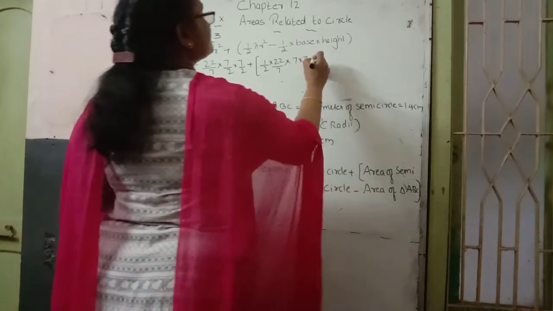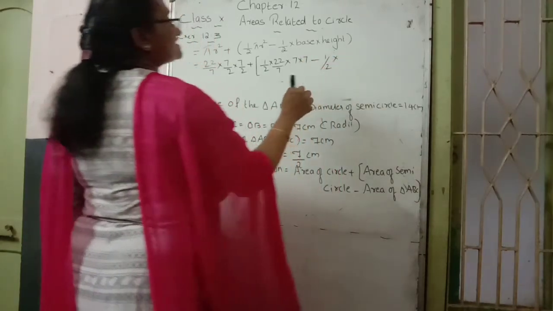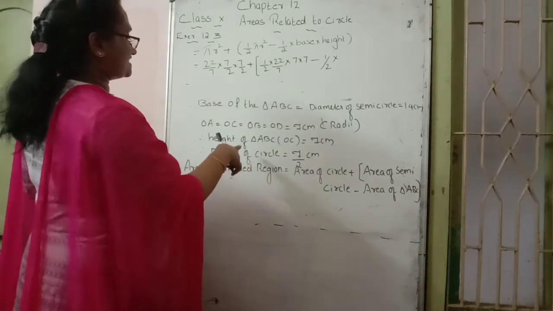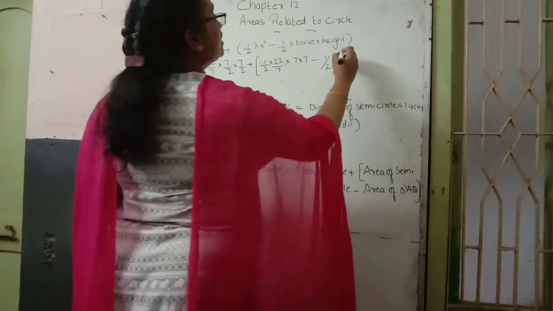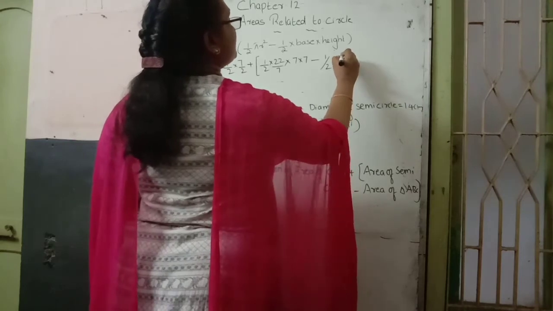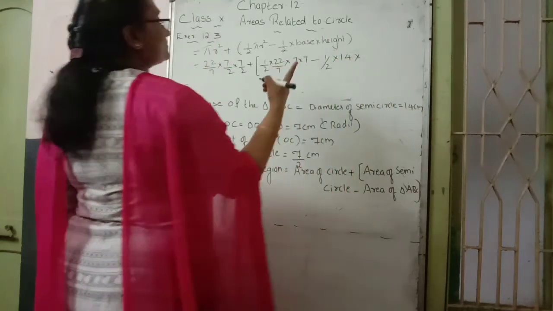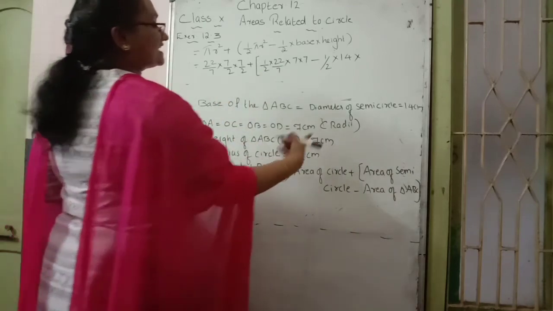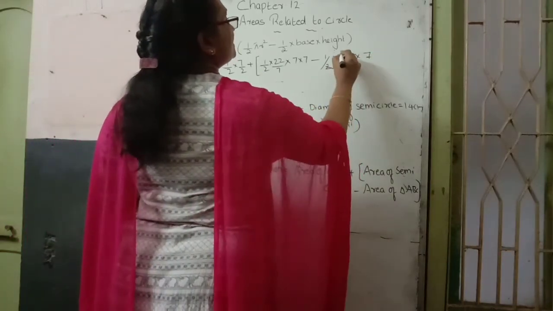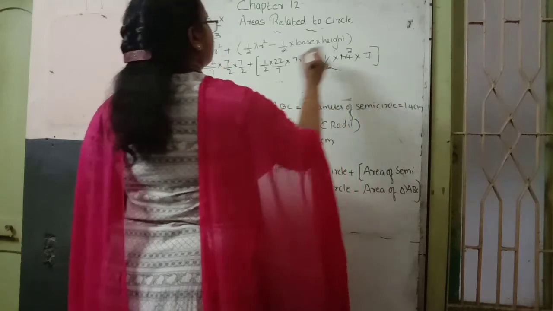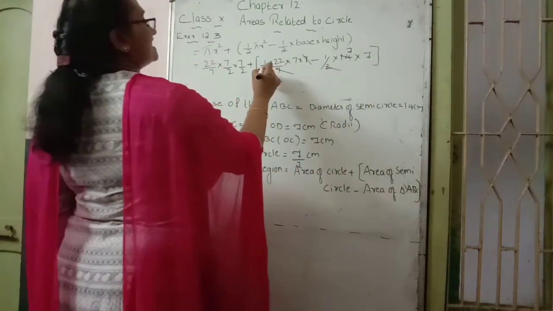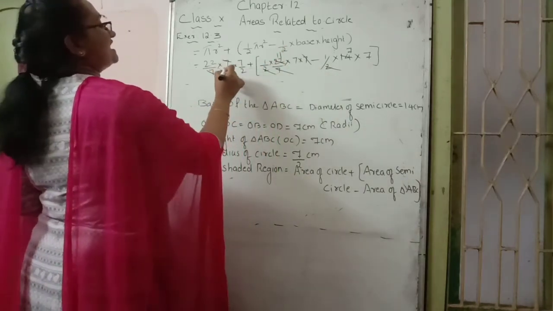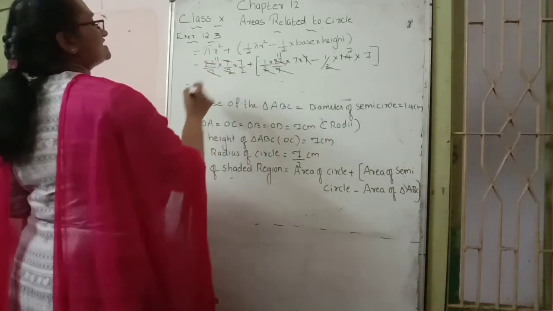Then minus half into base. Base of that triangle already given. The base of the triangle is equal to 14, the diameter of the semicircle, into height. Height of the triangle is 7 centimeter. 2 and 14 cancel, 7 times 7 and 7 cancel, 2 and 22 cancel, 11 times 7 and 7 cancel, 2 and 22 cancel, 11 times.